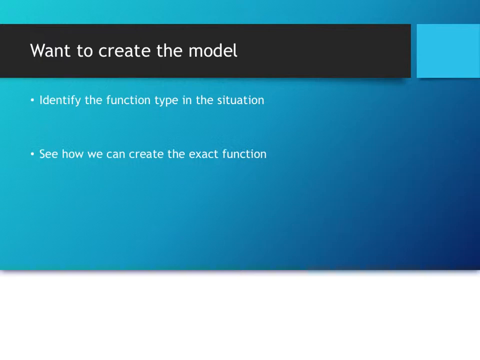Are we in quadratic? Are we in rational cases? And then if it's not a type of exact model that we're absolutely given, then we're going to see how we can create the exact function. All right. And that just basically means plugging in the right things and so on and so forth.